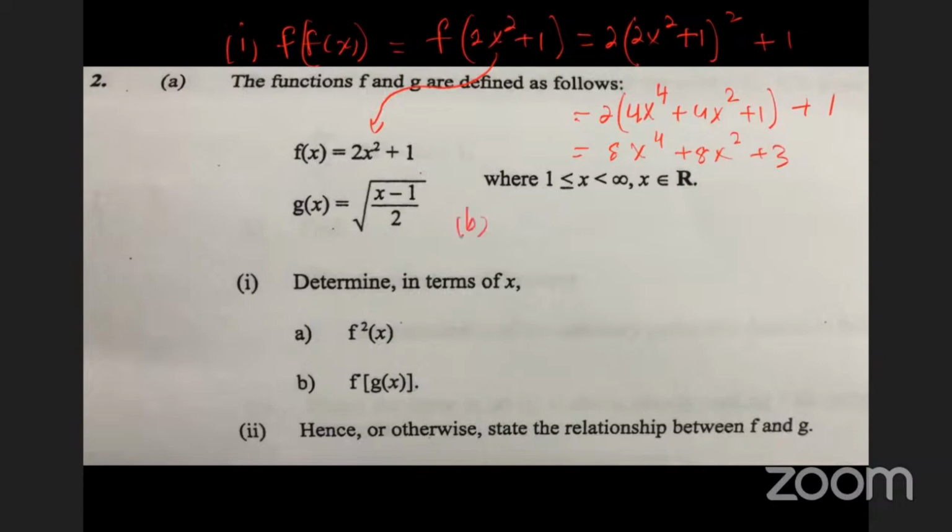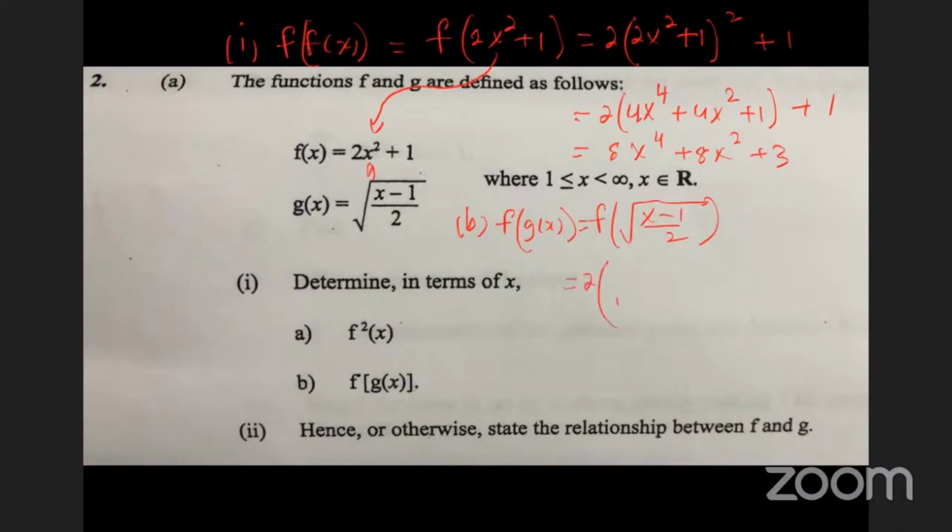And part B, you want f of g of x. So f of g of x is the square root of (x - 1) over 2. So you're going to put the square root of (x - 1) over 2, right in there. Remember, g going into f.